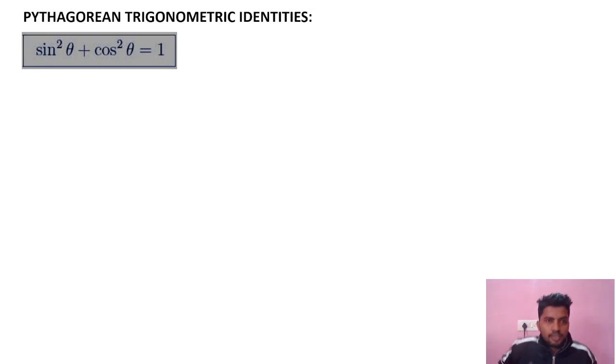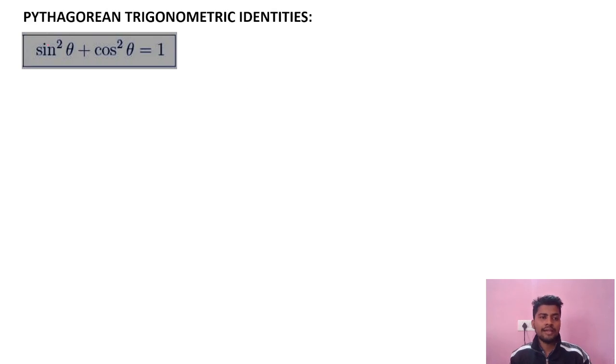Pythagorean trigonometric identities. You can see on the screen: sin square theta plus cos square theta is equal to 1 is a Pythagorean trigonometric identity. We can prove it with the help of trigonometric ratios very easily.